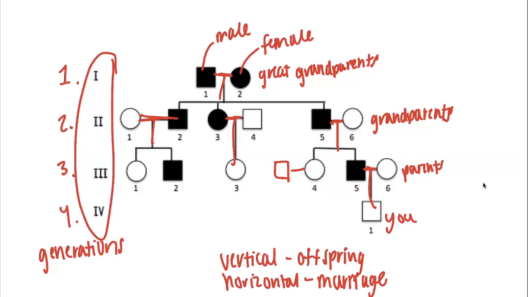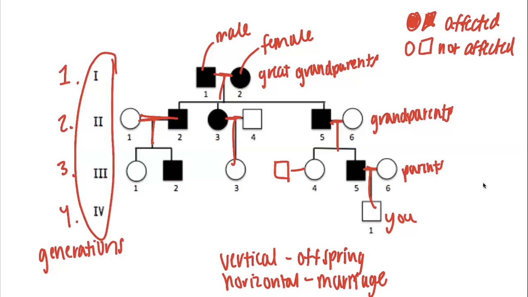If it is shaded in, it means they have the disorder or the trait, so we call them affected. If it is open or not shaded, they are not affected. That's pretty much the basics of what you need to know here.